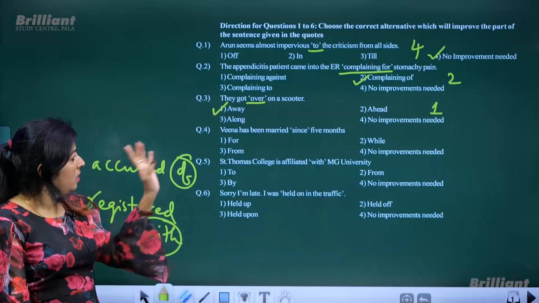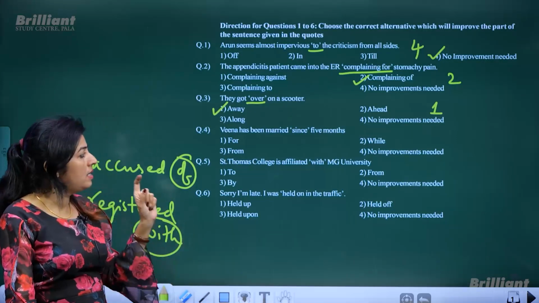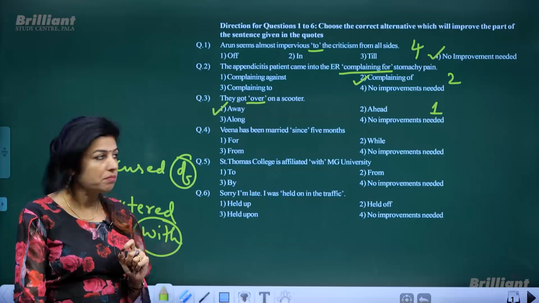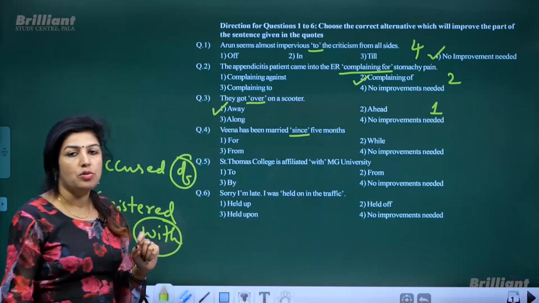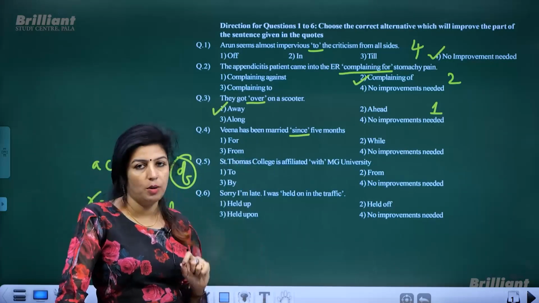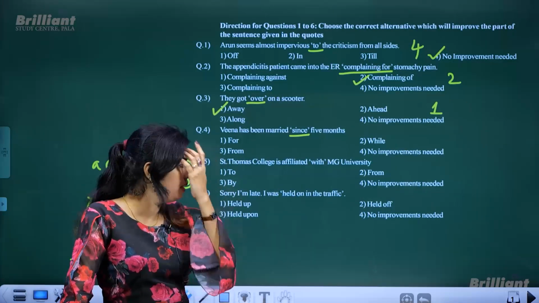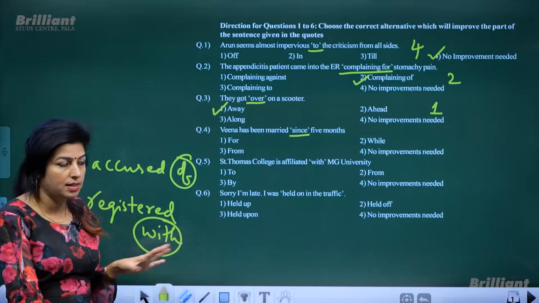Now the fourth one is, Veena has been married since 5 months. This since is given in single inverted commas. Should we substitute the since with one of the options given? Of course, you need to improve this, so the fourth option cannot be the correct answer.